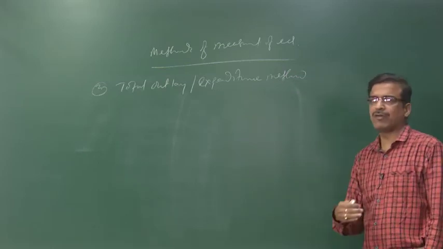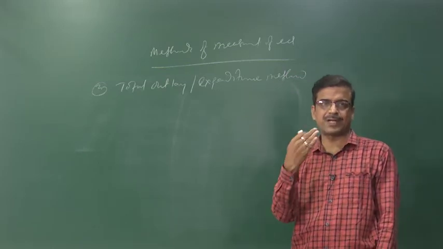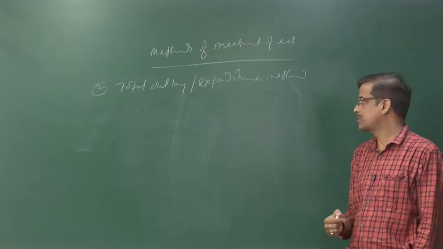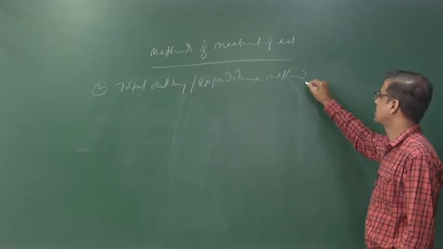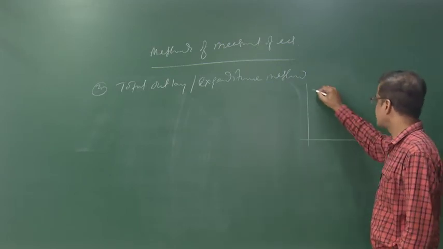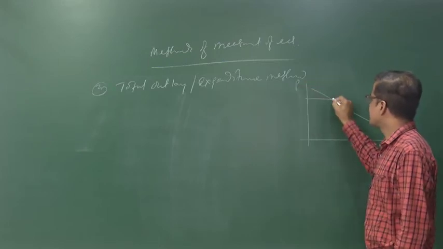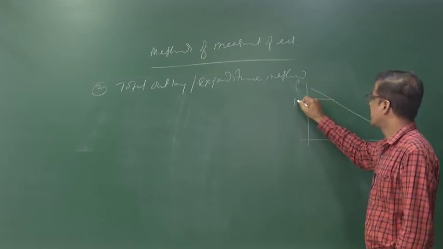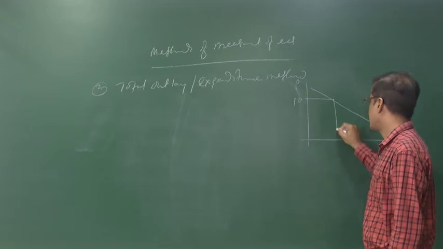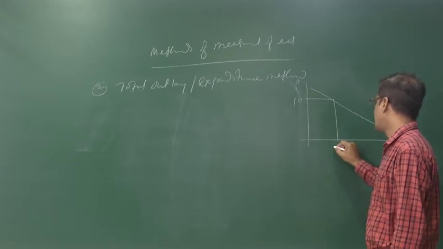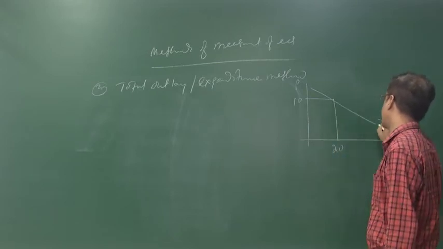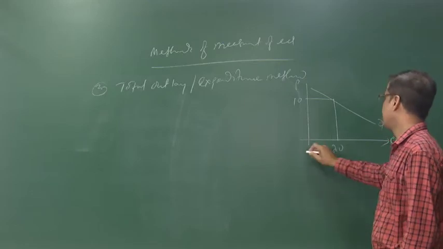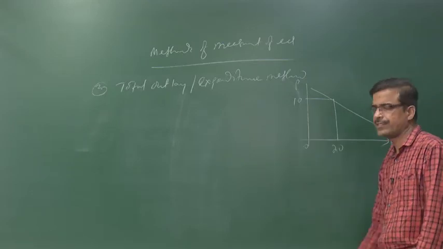That means here we have to compare the two things, price and the expenditure. Before comparing, let us start with one example. Price is, let us say, 10 rupees and quantity demanded is, let us say, 20 units. Initially this is the price and this is the quantity.